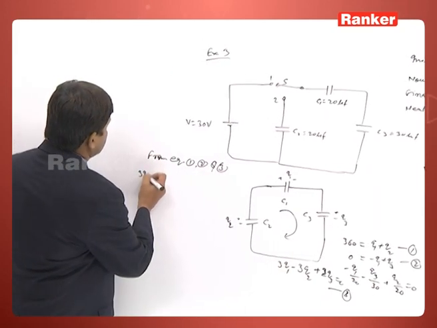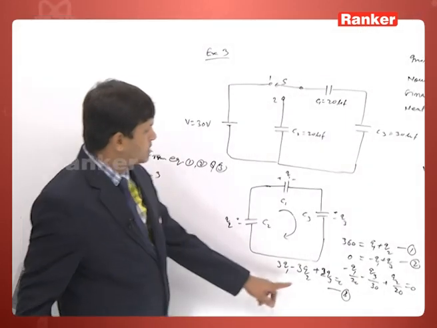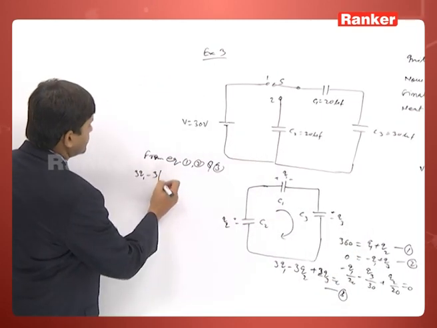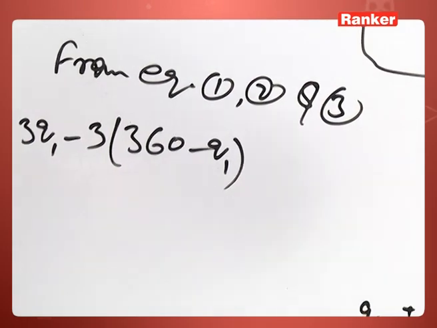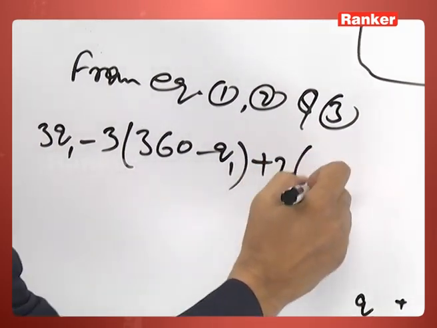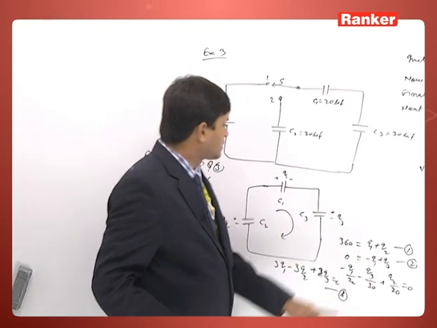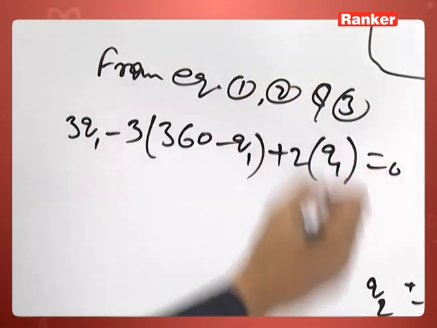So 3Q1 minus 3Q2, where Q2 can be written as 360 minus Q1, plus 2Q3, where Q3 can be written as Q1, is equal to 0.